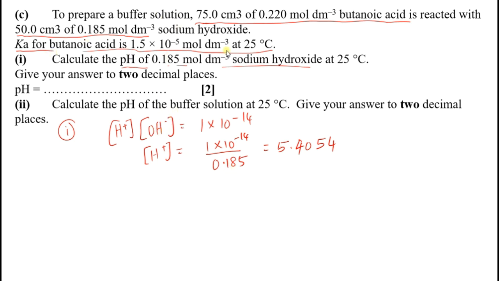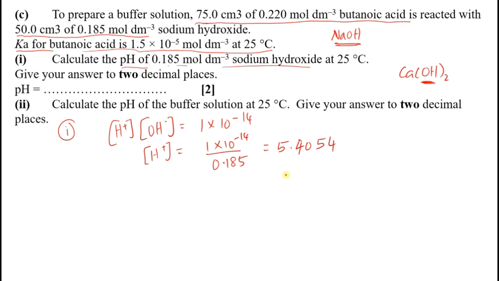Now this is sodium hydroxide, so it's a monoacidic base. NaOH, one molecule only produces one hydroxide ion, so make sure that you check that. Sometimes they put Ca(OH)2, that will produce 2 hydroxide ions, so you have to multiply that by 2. This time you can just use the concentration as it is of the sodium hydroxide.